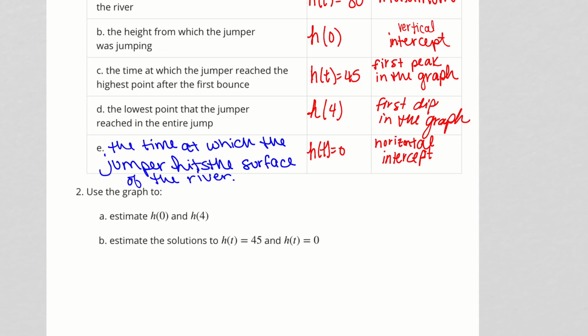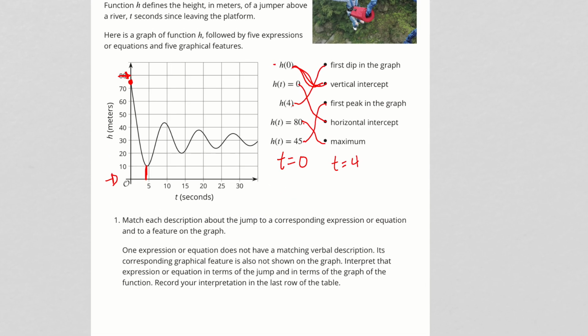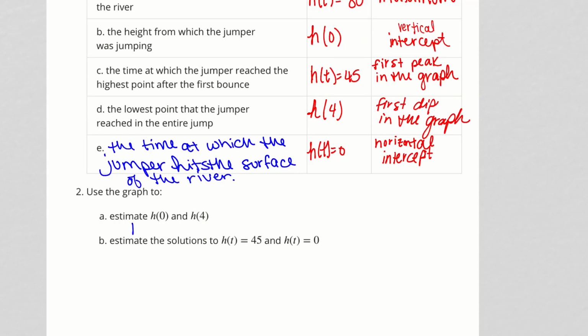All right, we're just supposed to estimate h of 0 and h of 4. So if I go back over here, if I look at h of 0, we're going to say it's approximately 80. So h of 0 is about 80. And what are we in on this one?